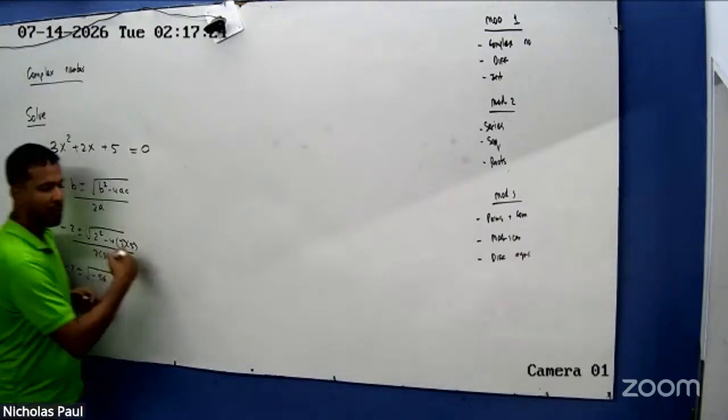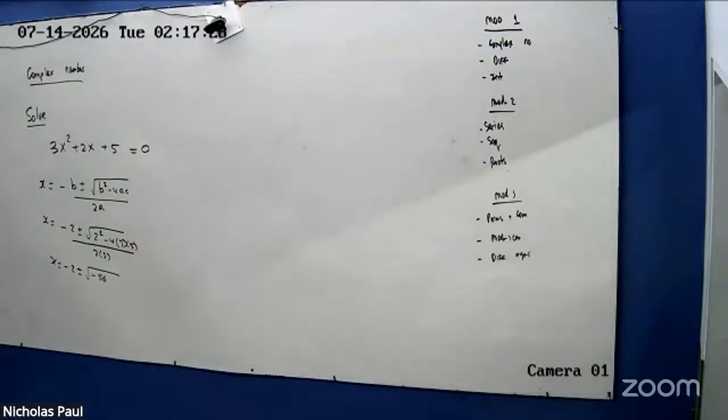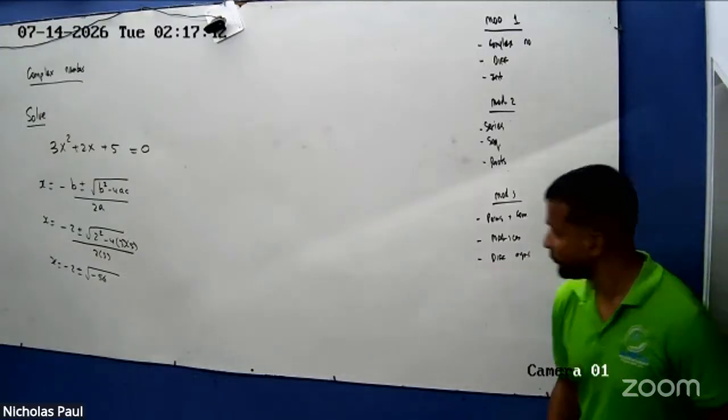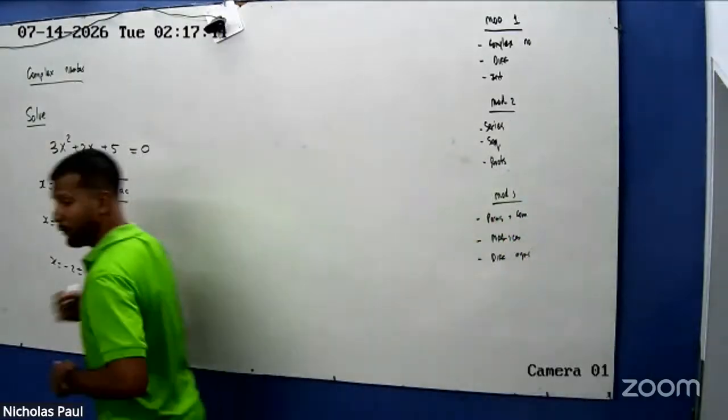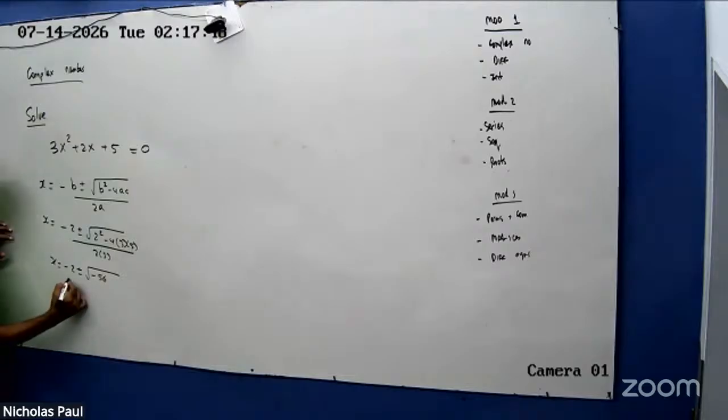So we get minus 2 plus or minus the square root of minus 56, all over 2a, which is 6. Everybody okay with that?